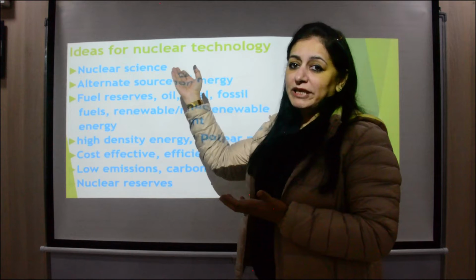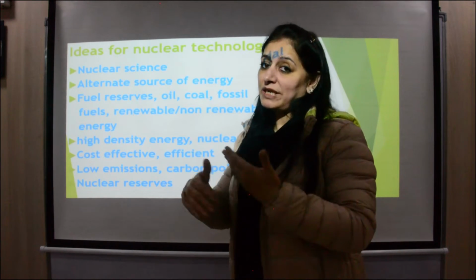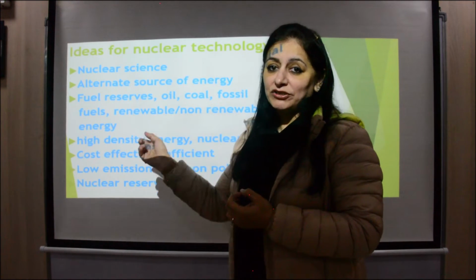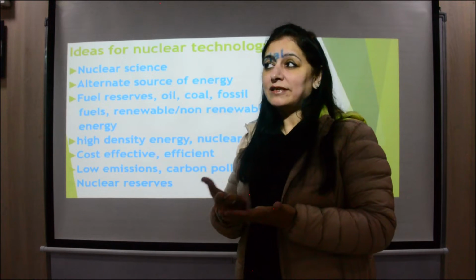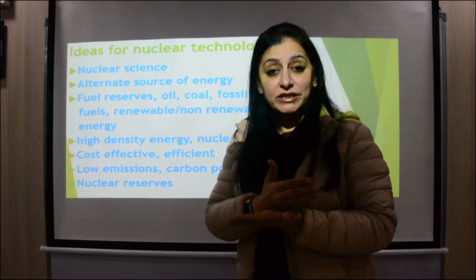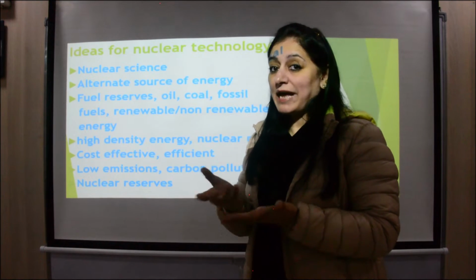So nuclear technology, nuclear energy, nuclear science, different ways of expressing the same thing. It's an alternate source of energy. Why alternate? Because we are trying to find a different kind of an energy source than the ones we are already using, like the fossil fuels, like coal, oil, petroleum, natural gas.